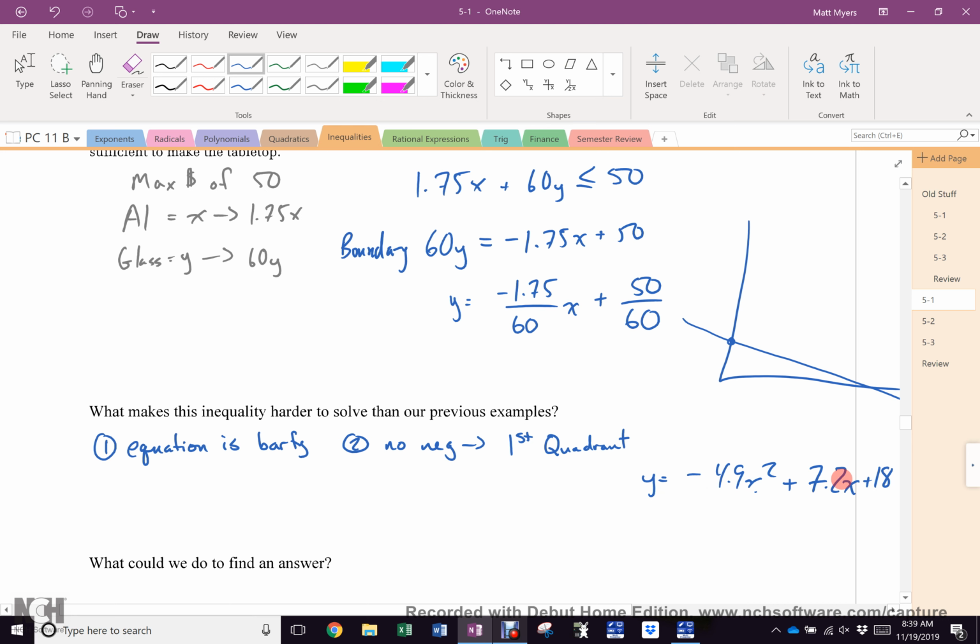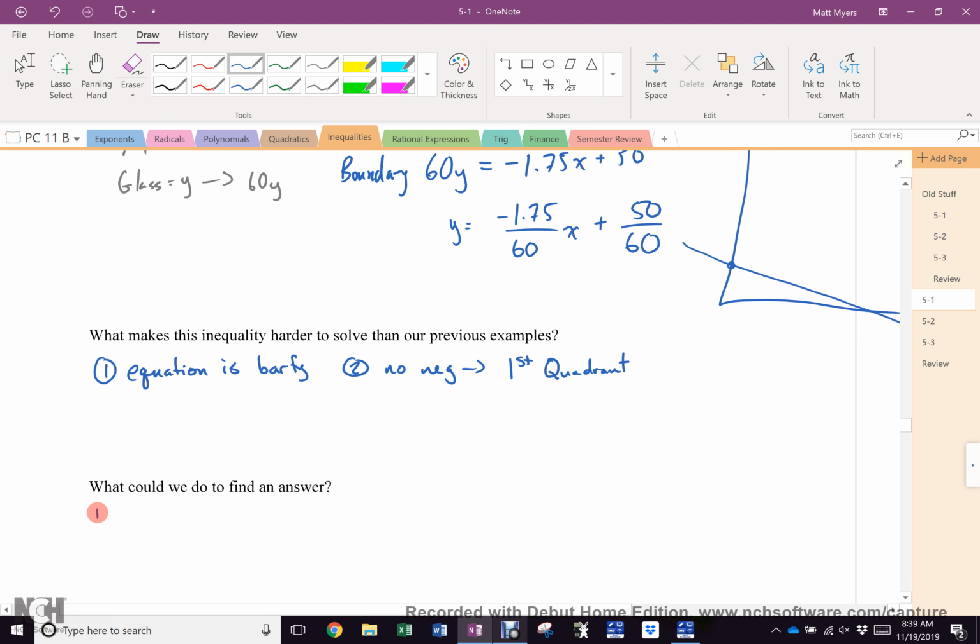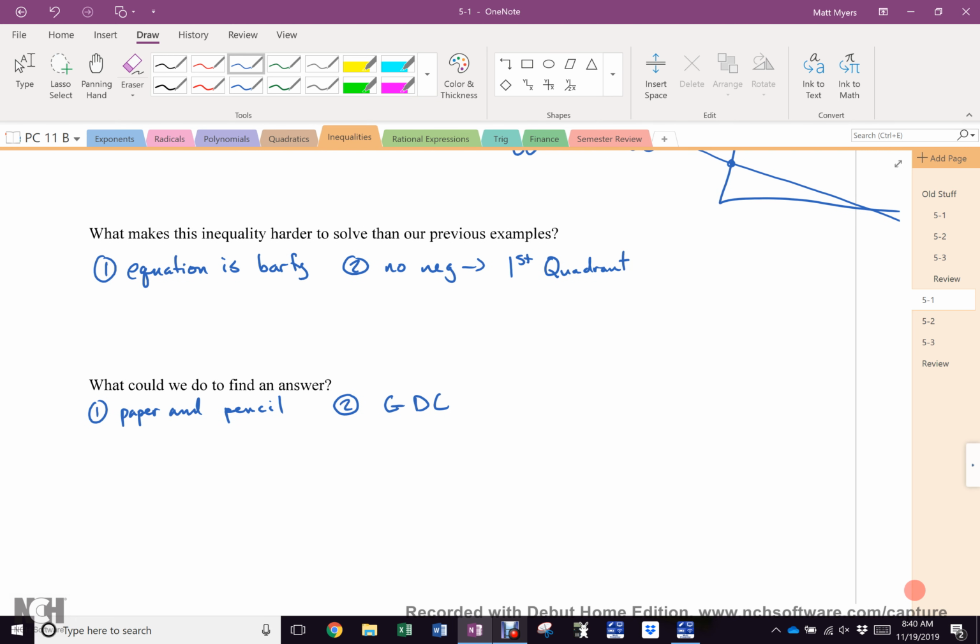So what are we going to do here? Graphing calculator. Do we need to? No, we could work it out, but we could also use our graphing calculator. So what can we do to find an answer? One, paper and pencil. Two, graphing calculator.